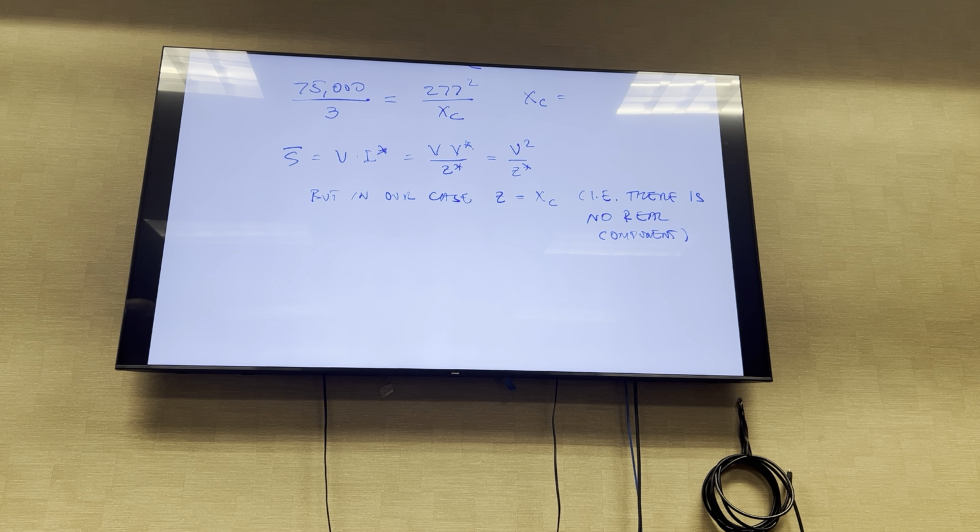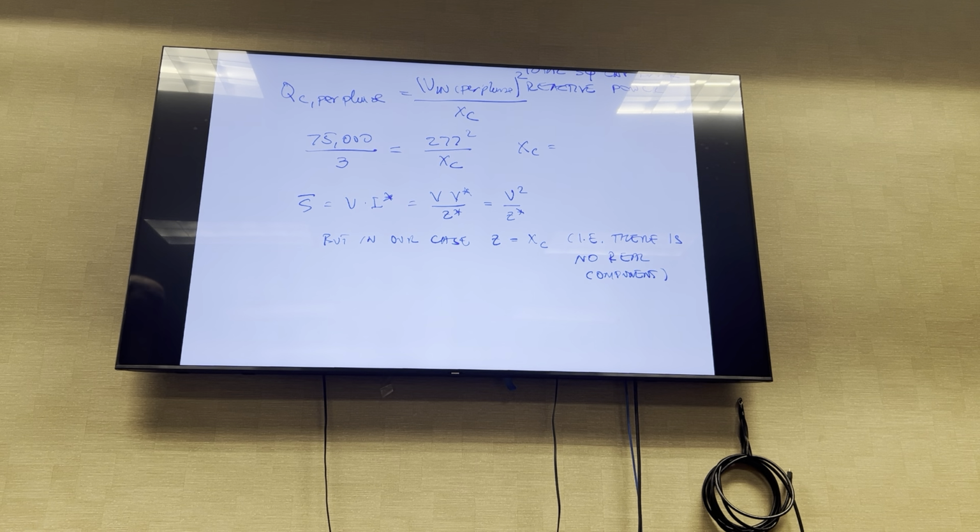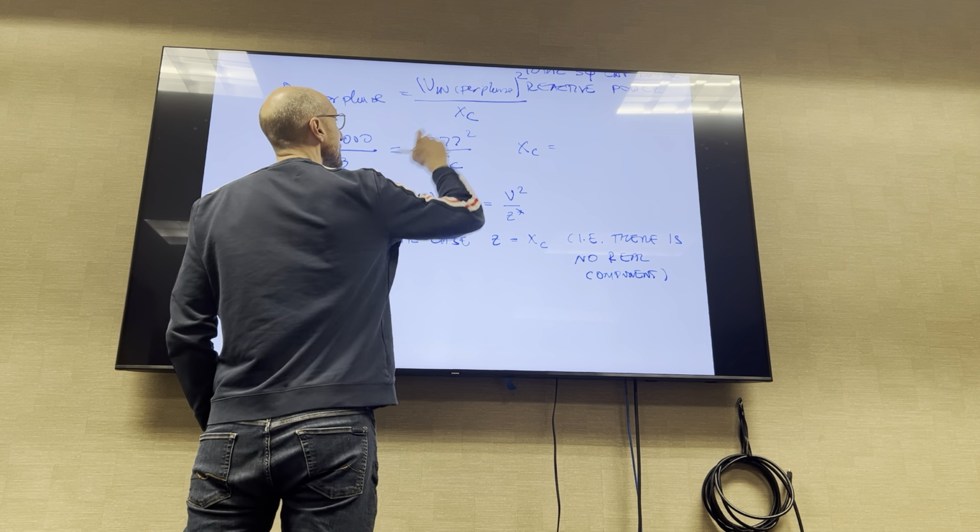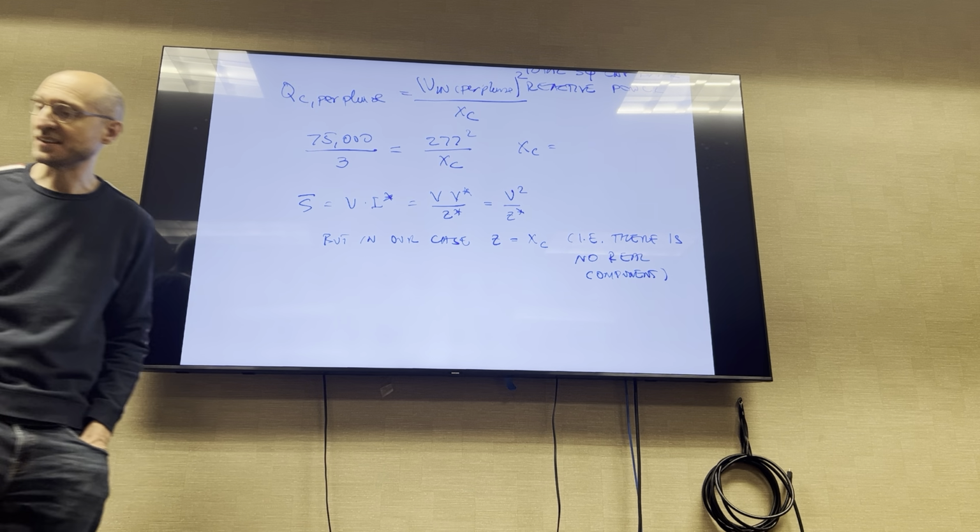So this equation is dangerous to use if I have a Z down here.